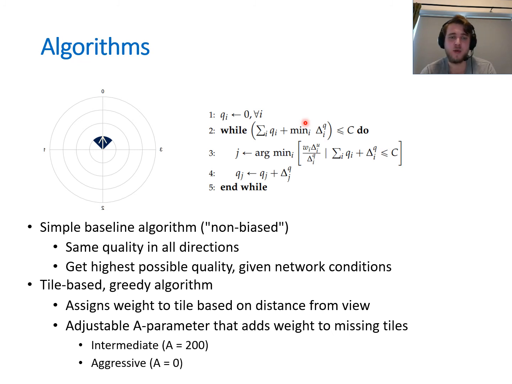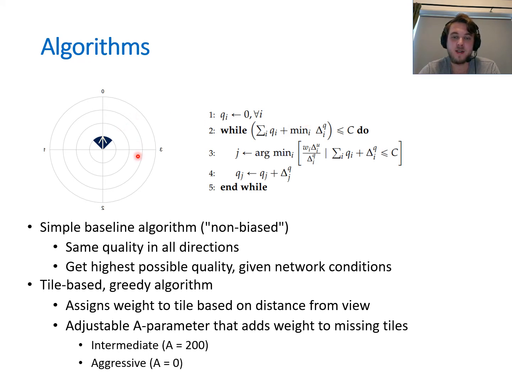It assigns weights to a tile based on the distance from the viewpoint of the viewer. And then it has an adjustable A parameter that adds weight to missing tiles. So this is the aggressiveness parameter. We have two values for this in our evaluation: A equals 200 and A equals 0. The 200 one we call intermediate, and the 0 is the aggressive one.